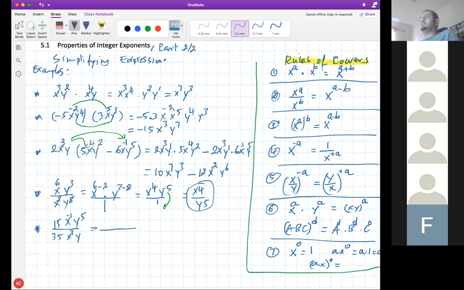In other words, what goes into 15 and 35 that we can cancel? The 5. That's right. 3 and 7, 3 over 7. That's right, because 15 is 5 times 3, and 35 is 5 times 7. The 5s will cancel out. This will stay, the 3 over 7.